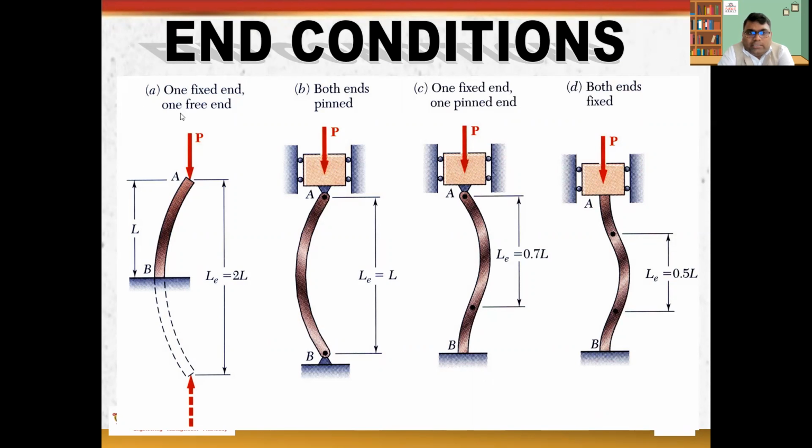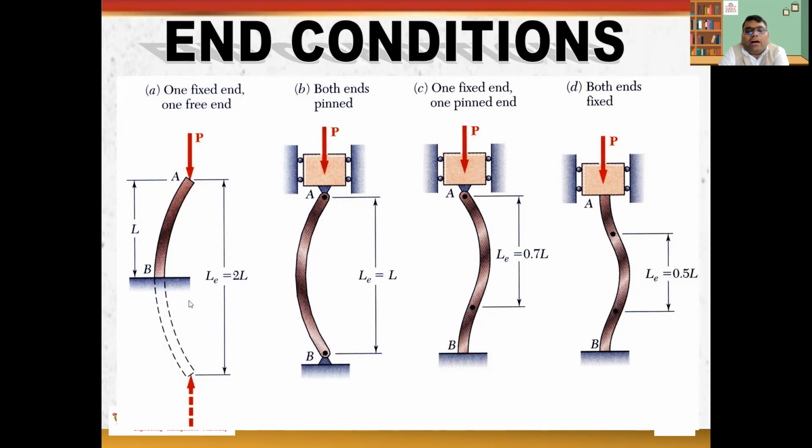Some end conditions we have to take in this case. To derive the Euler formula, the Euler load, we have to take a few popular end conditions. The first one is one end fixed and the other end free. In this case, the effective length is equal to 2 times the actual length of the column.